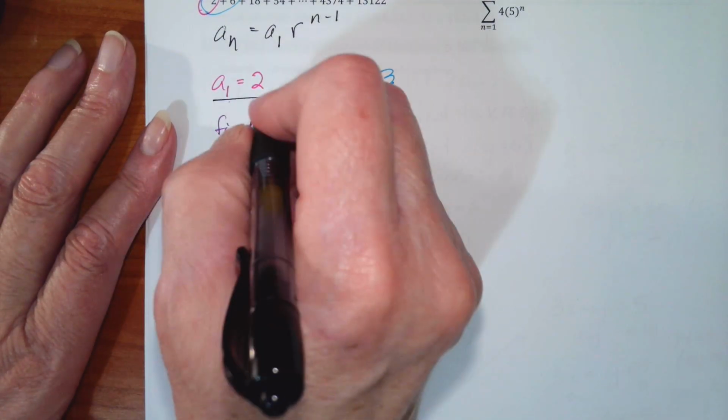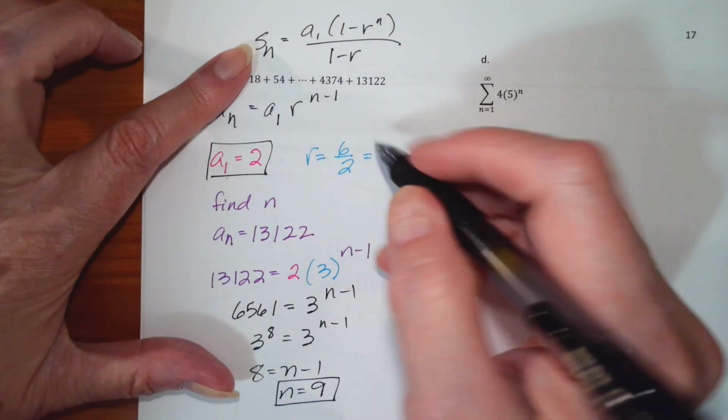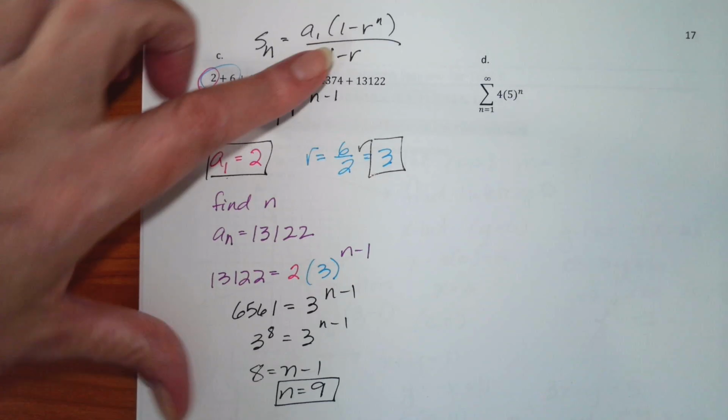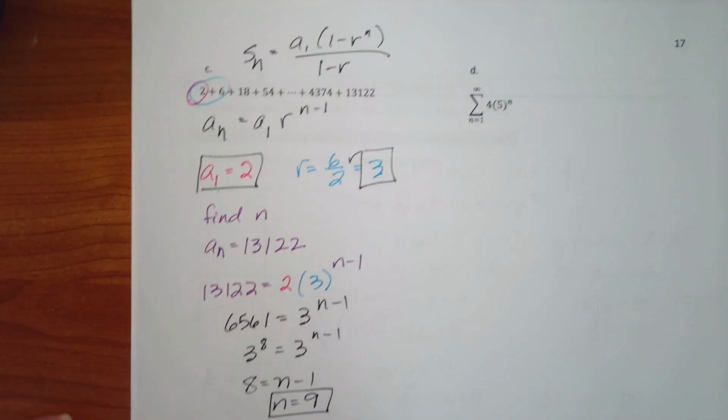So I've got my a sub 1, I've got my r, and I've got my n. So now I can just plug this all into the formula.